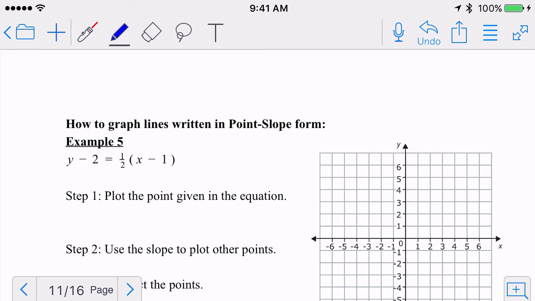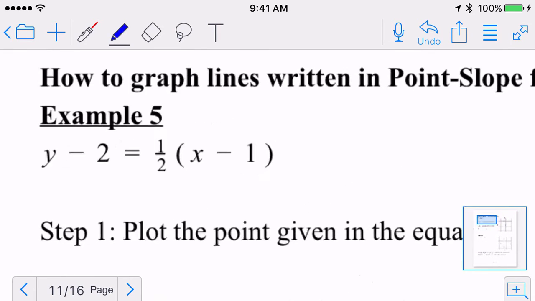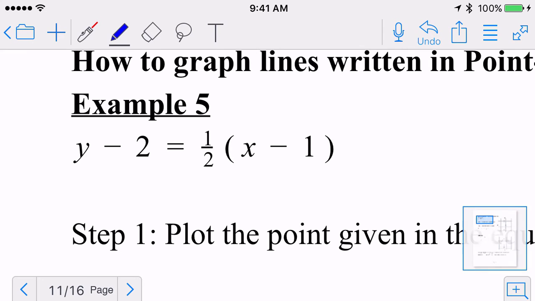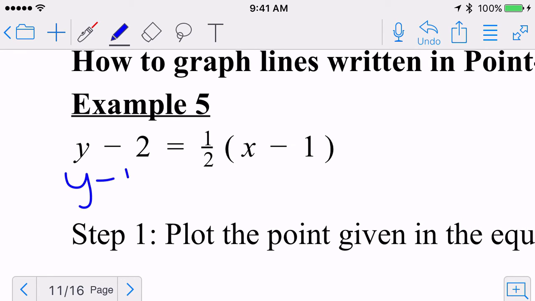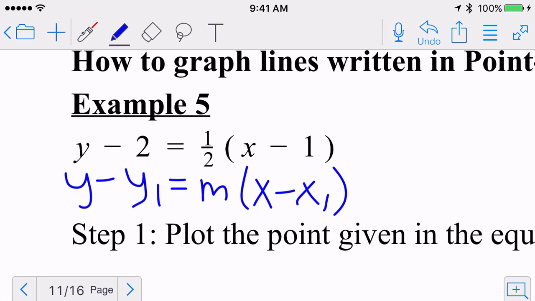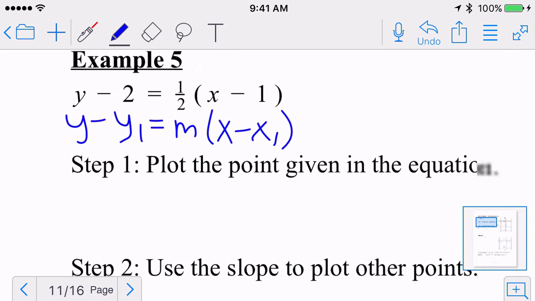On this page, we are learning how to graph equations that are written in point-slope form. Step one is going to be to plot the point that's given in our equation. So first, we better find what that point is. If it helps you here, I'm going to go ahead and write our formula. y minus y1 equals m times x minus x1, just to keep track of which numbers are which.